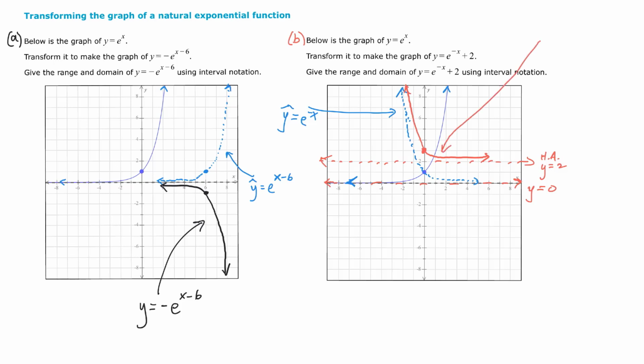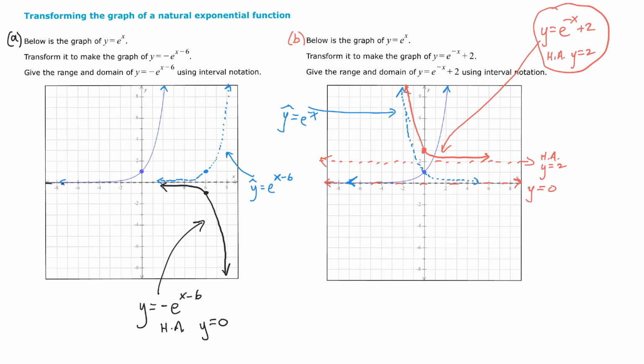This red one is actually y is equal to e to the opposite of x plus 2. Make sure you label its horizontal asymptote. That is necessary. Make sure you draw that in. This one down here, I should say the same. I should also label its horizontal asymptote. This one is actually y equals 0.